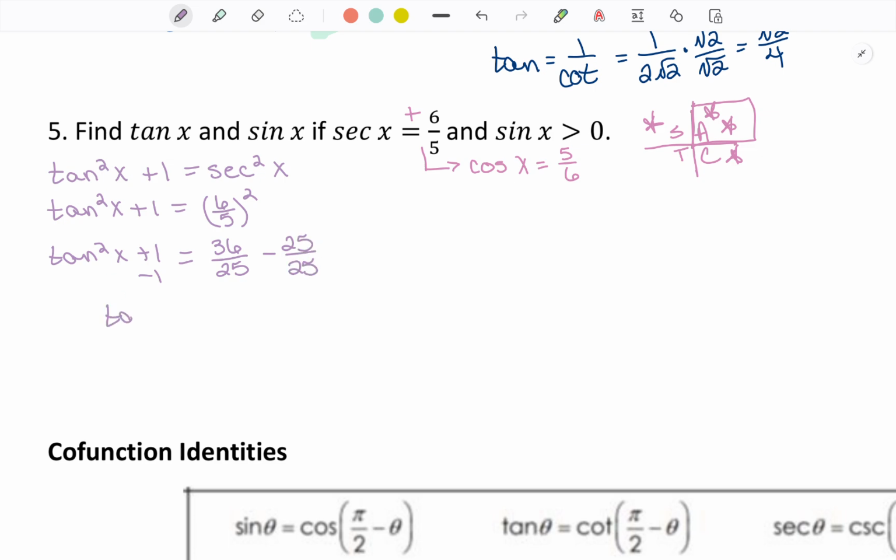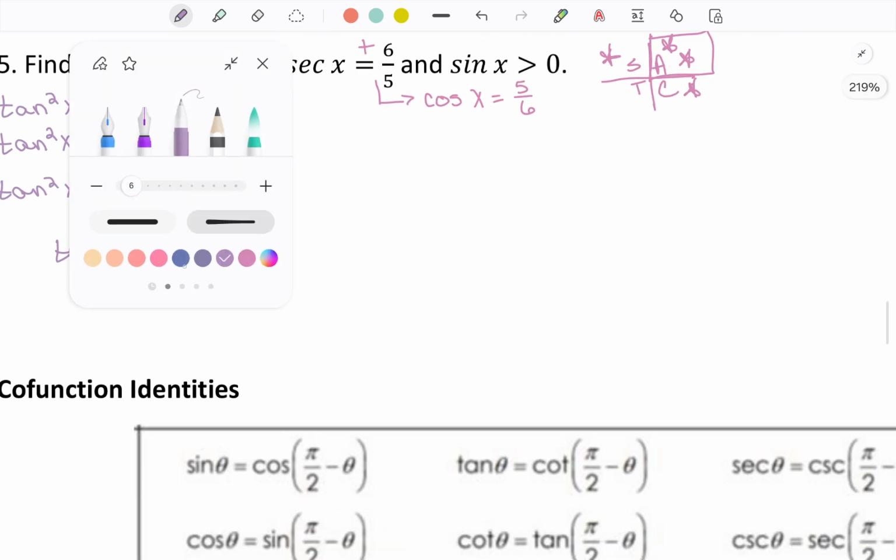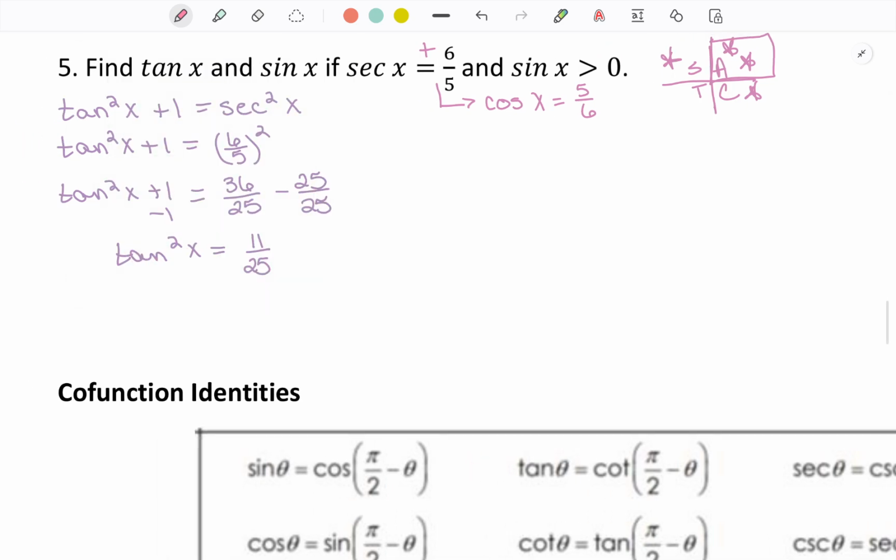We're going to subtract 1, so we're going to subtract 25/25. So tangent squared x will be 11/25. Then we will take the square root.